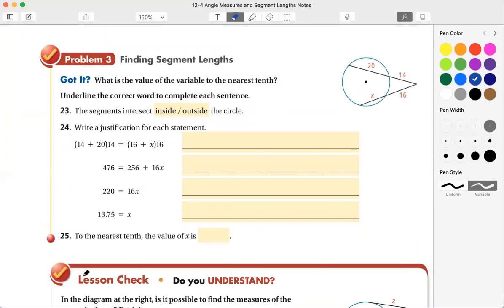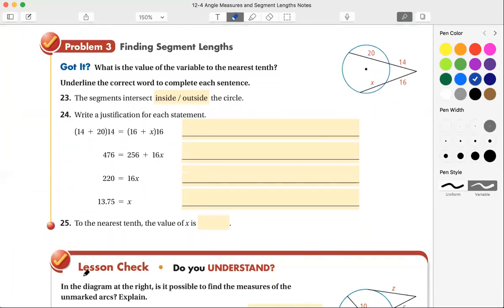All right, problem number 3. The segments intersect outside the circle. So we're going to write the justification. We know that the whole times the outside, whole times the outside are equal. So we're going to use theorem 12-15 part 2, or case 2. Simplifying by distributing, 476 equals 256 plus 16x.